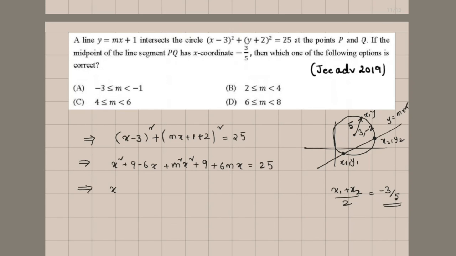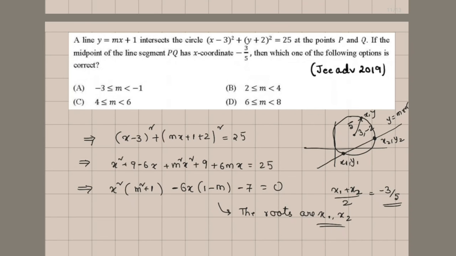Which gives x square into (m square plus 1) minus 6x into (1 minus m) plus 18 minus 25, which is minus 7, equal to 0. So this is the quadratic equation. The roots are x1 and x2.